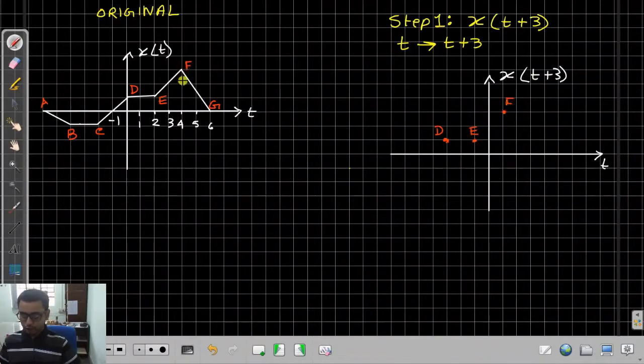Point F was originally at t equal to 4 and now it is at t equal to 1, because shifted towards the left by 3 units. Point G will be here. This is G. Similarly, point C, point B and point A here. Let me join these points.